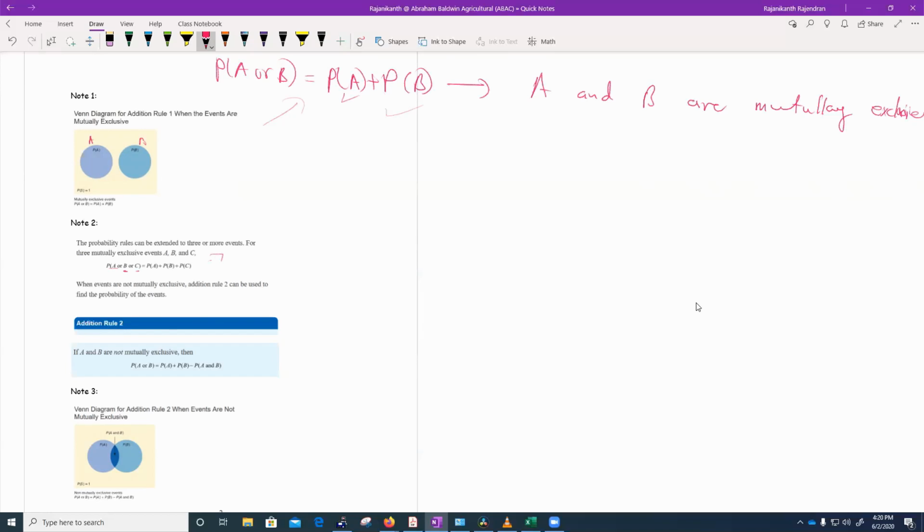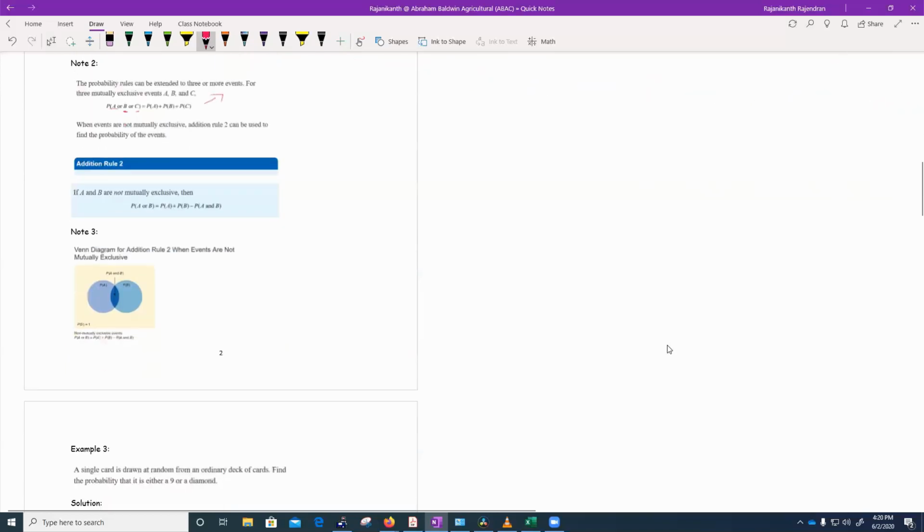Now look at addition rule number 2. If A and B are not mutually exclusive, then we have a different formula for A or B. The probability of A or B is given by P of A plus P of B minus the probability of A and B. This part comes from the overlap, the intersection region of these two events.